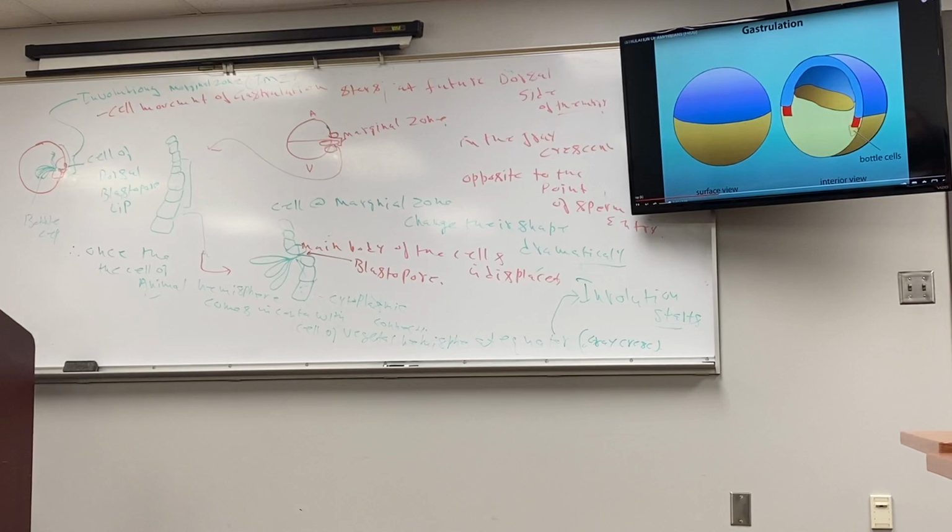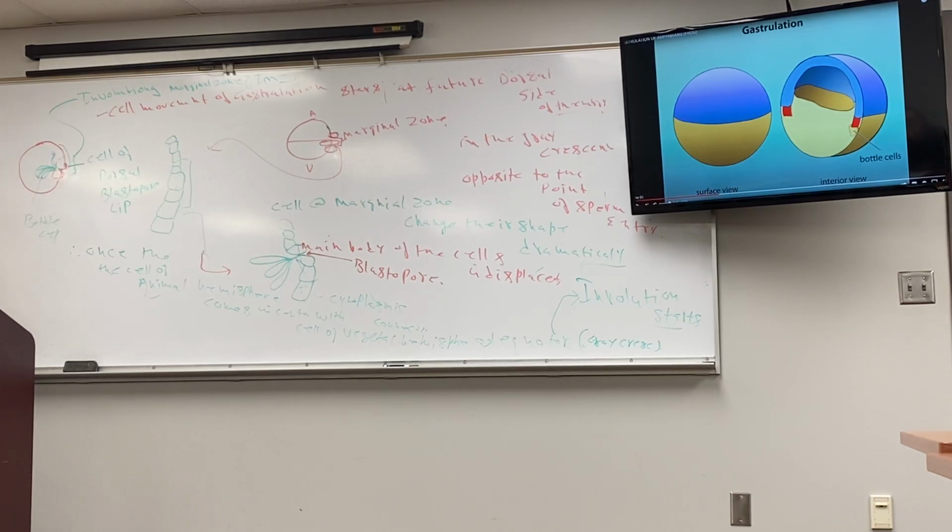What that does is bring the cells of the animal hemisphere in contact with the cells of the vegetal hemisphere. And that creates what we call a blastopore. And then these dorsal cells, which are now called the dorsal blastopore lip, which were on the surface, actually start migrating, or involuting, inside.